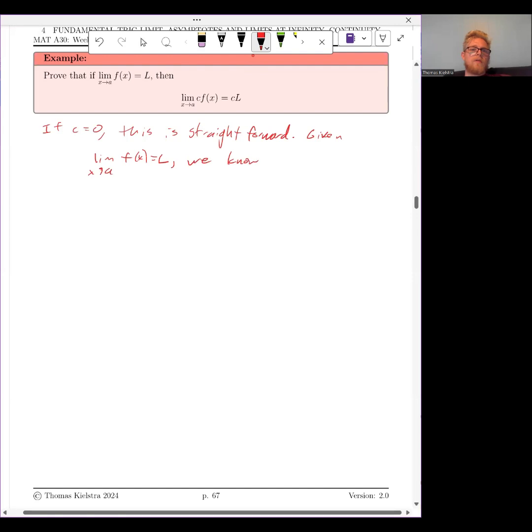we know that for any epsilon prime, there exists a delta prime such that if 0 is less than the absolute value of x minus a, which is less than delta prime, then the absolute value of f of x minus L is less than epsilon prime.